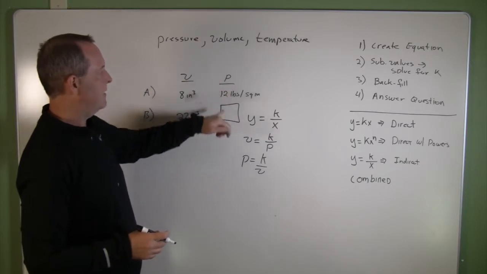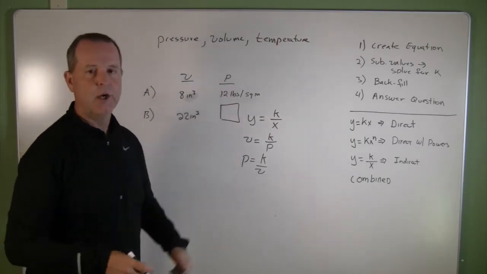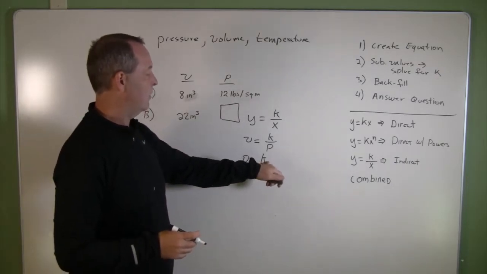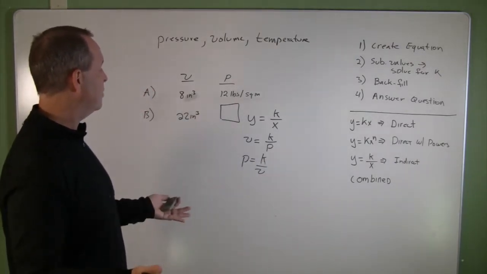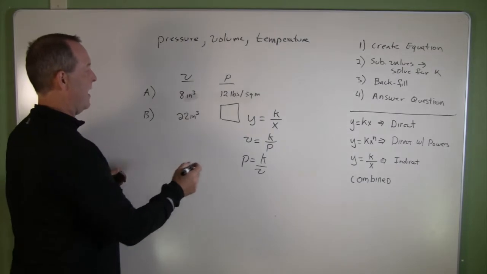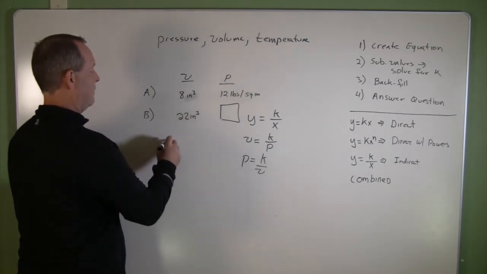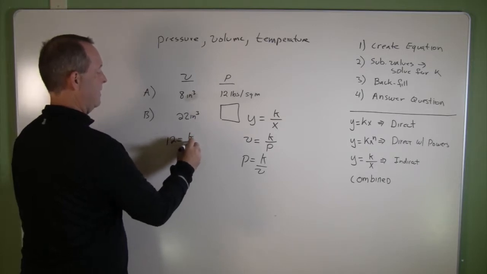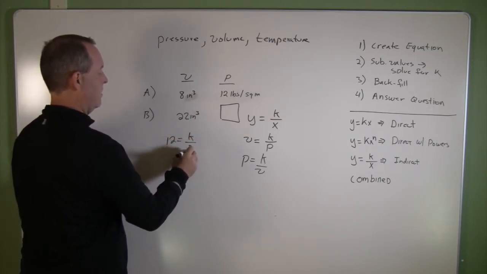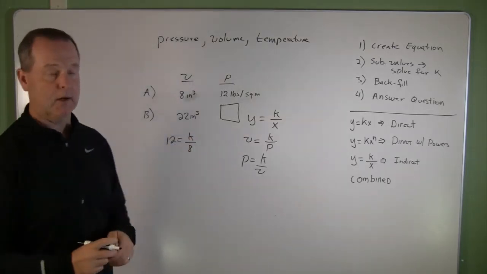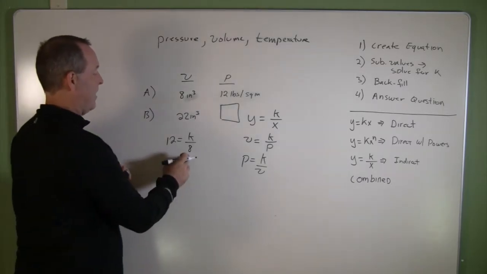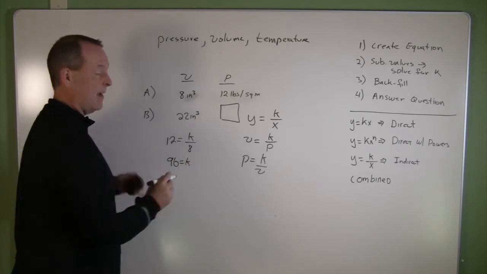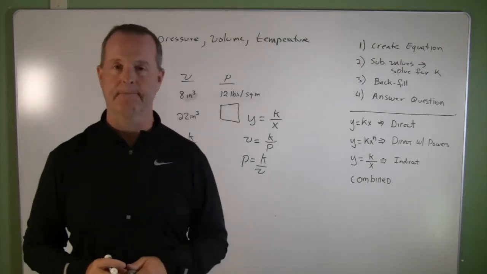I just know at the end of the day, I want to find a new pressure, so I'm going to set that up as pressure is equal to K over V. So in my initial situation, I have 12 equals K over my volume, which is 8. Multiply both sides by 8, and I get 96 as my constant of proportionality.